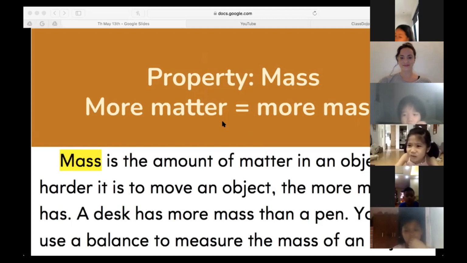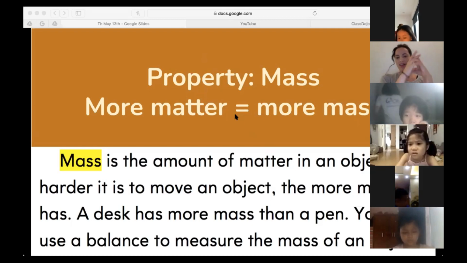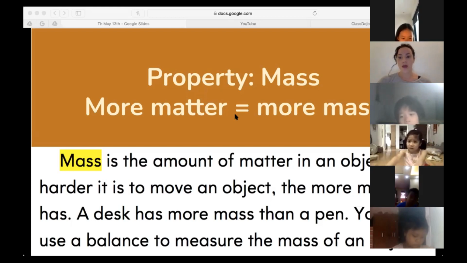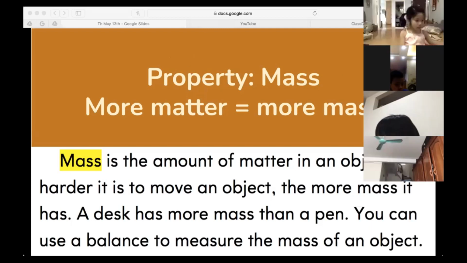I think the solid will have more mass. Excellent, yes. I think the solid would also have more mass because it's tight and liquids are flowy, okay? Except for ice. Water is one of the few things where when it's ice, it floats because it's lighter than the water. That's just one of the few cases where the solid is lighter than the liquid and has less mass.